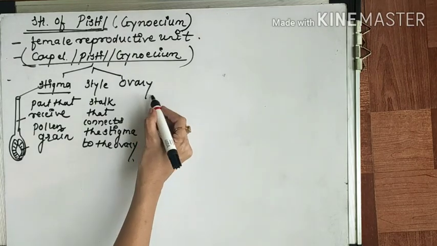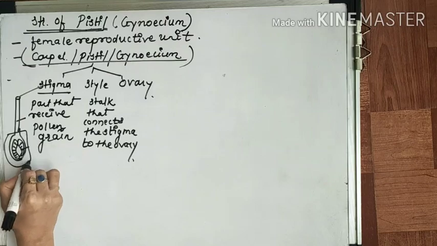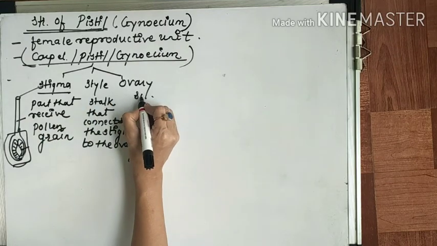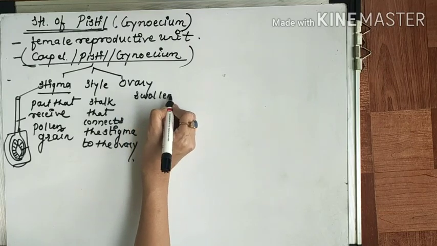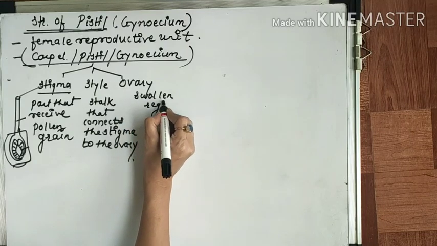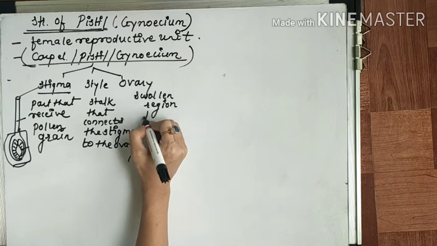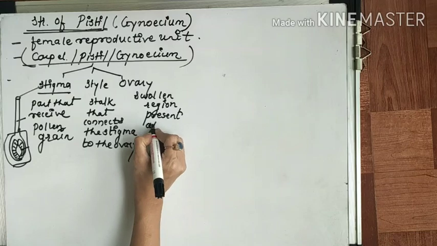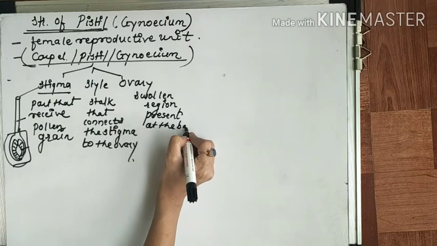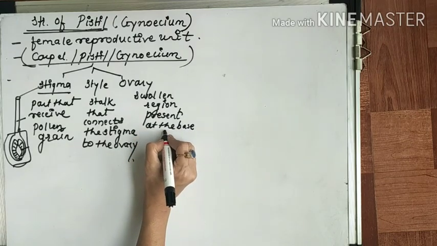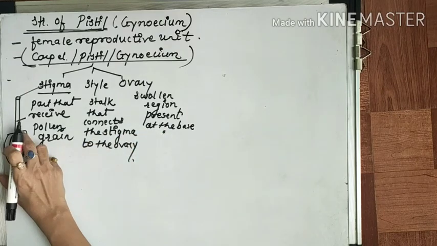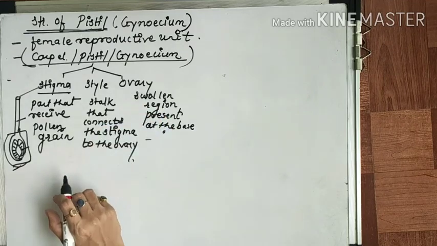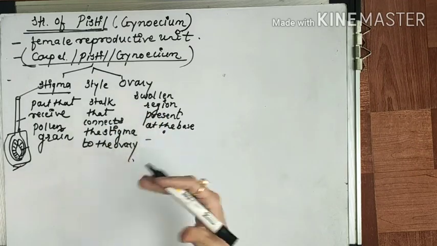Then what is ovary? You can see this portion. It is a swollen region, right? So ovary is nothing but a swollen region present at the base. This ovary contains one or several ovules.